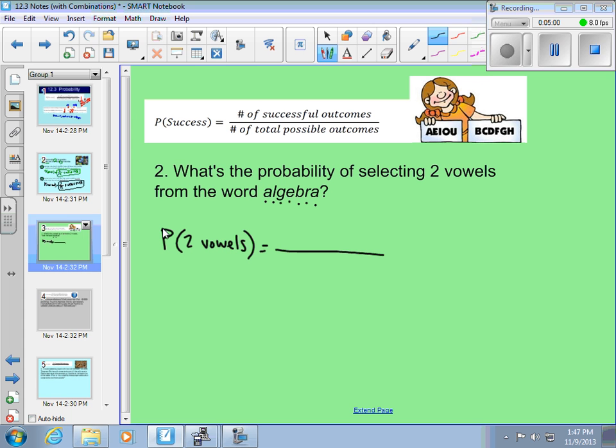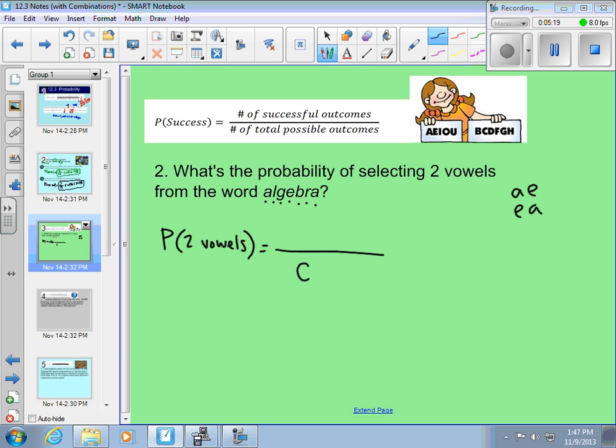Now, they're not talking about a certain order of letters. So what we're going to be doing is using combinations that we talked about yesterday. Because when we're looking at this, drawing A and E is the same as drawing E and A. It doesn't matter the order.